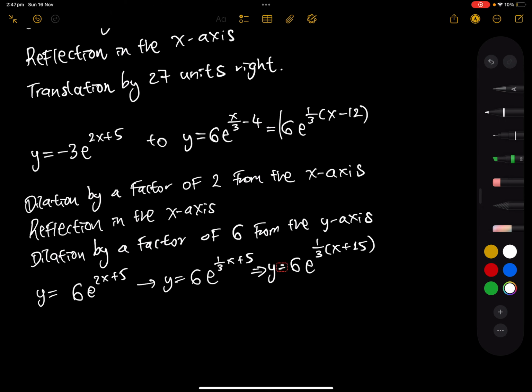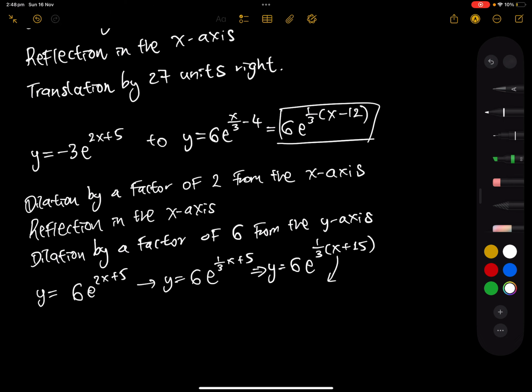So you can see that these two look very similar. It is now very easy to see what the horizontal translation is by deciding how do you go from plus 15 to -12. You basically subtract 27, right?